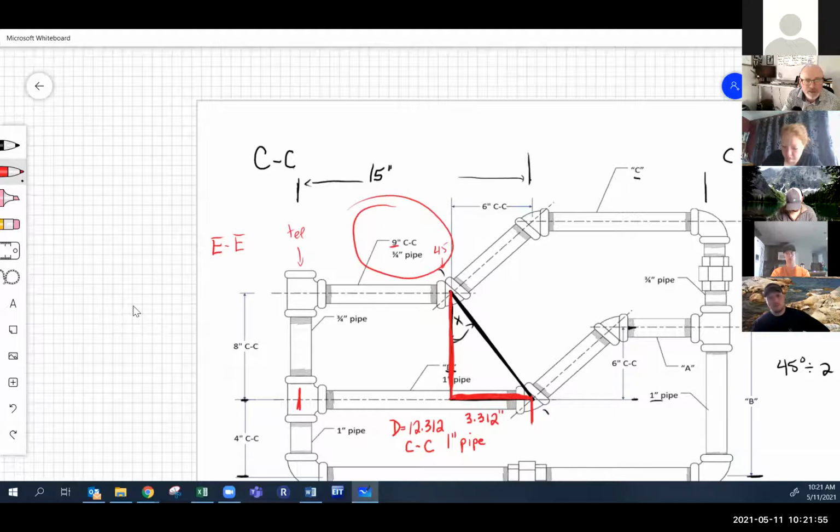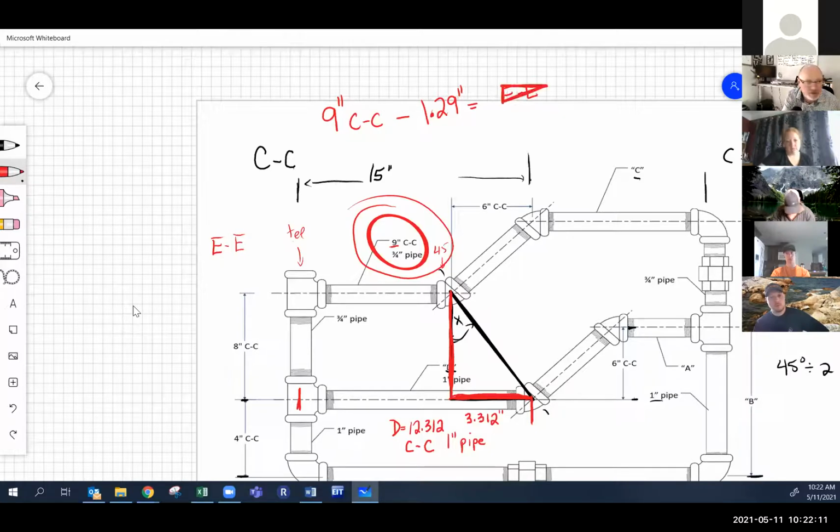Okay, my center to center is 9 inches, and I must minus off 1.29 inches off of that to get my end to end measurement. So that would be 9 minus 1.29.